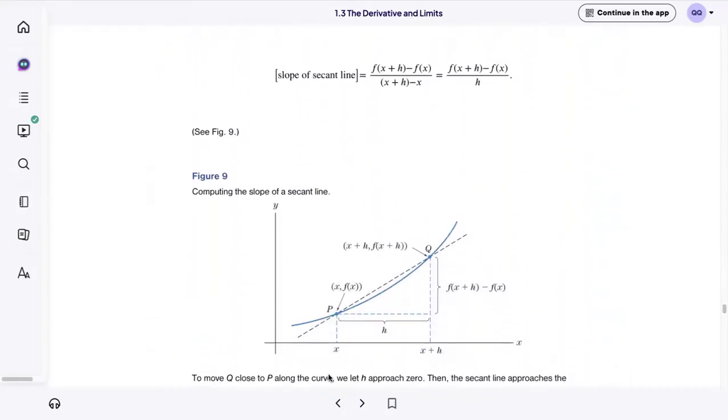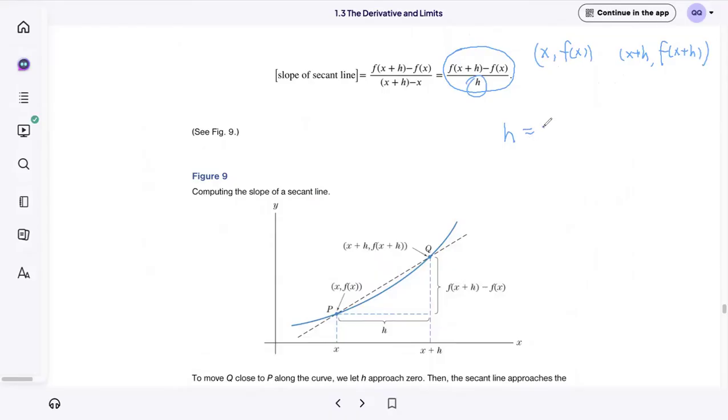Remember we talked about the difference quotient last class, right? We have this, and we call this the difference quotient. Basically, it's still slope, right? We have 2 points. We have x, f of x, and then we have x plus h, f of x plus h, right? h is a very small value. So where does this h come from?